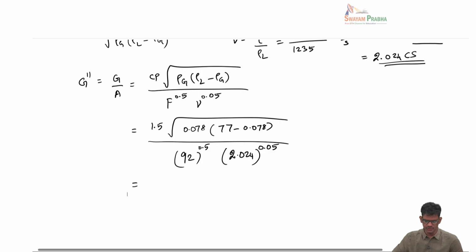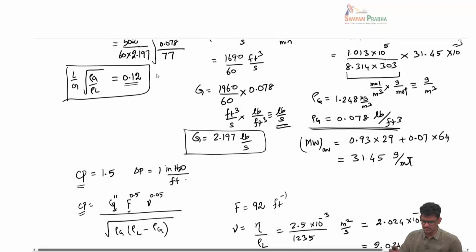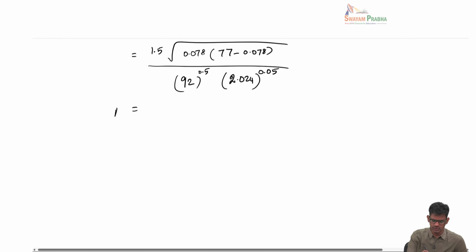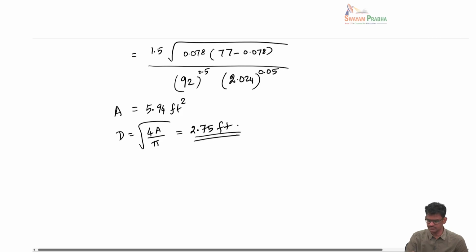G also is known, and we can substitute that, and then you can get area. If you solve this, you will get area to be something like 5.94, and this will be in units of feet squared. And from here you have to calculate the diameter as square root of 4 times area by pi, and you will get something like 2.75 foot. This is the answer.